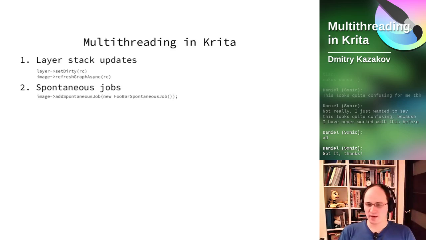Well, spontaneous jobs have a special method that lets the scheduler merge all these 5 jobs into one single job, and basically only the last job will be executed, and all the previous 4 jobs will be just dropped, because you don't need to regenerate the generator layer if the user has already changed the config and it is not valid anymore.